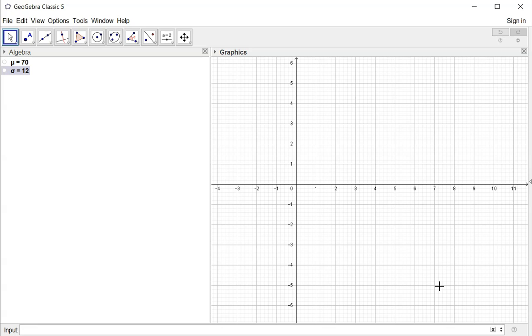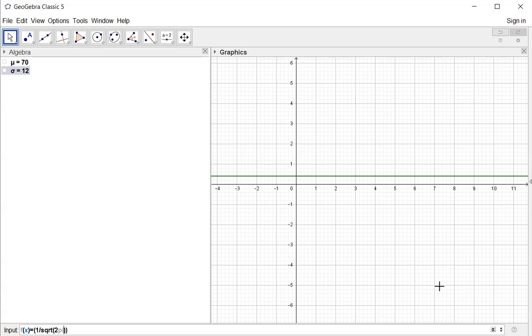So put it in. Then we can define the probability density function f of x is equal to 1 over a square root, so sqrt, square root of 2 pi. You can just type in pi.